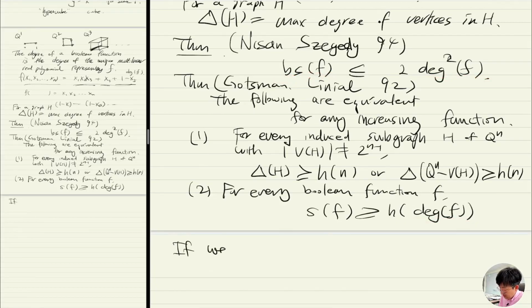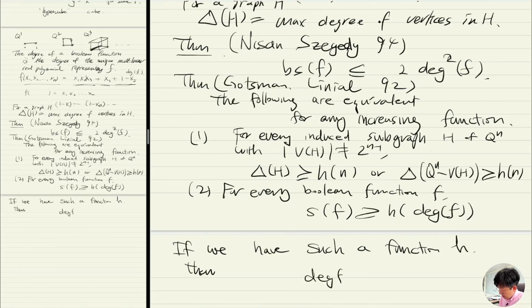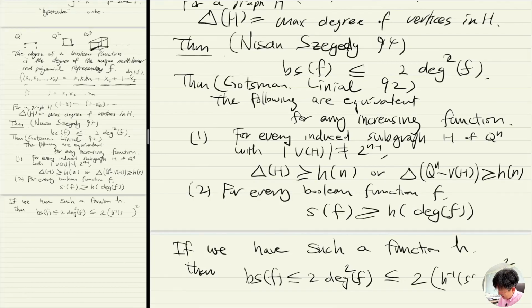So if we have such a function h, then block sensitivity of f is at most twice degree of f squared, which is at most twice h inverse of s(f) squared.